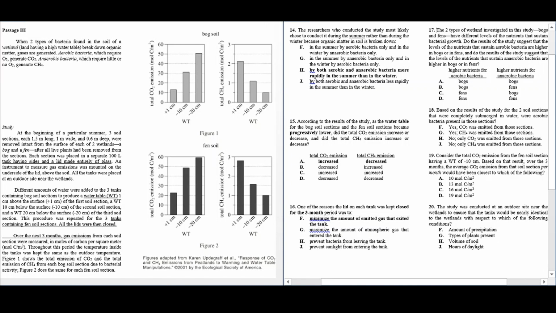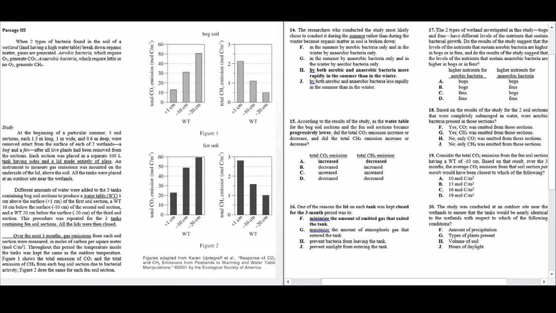The two types of wetland investigated in this study, bogs and fens, have different levels of nutrients that sustain bacterial growth. Do the results of the study suggest that the levels of the nutrients that sustain aerobic bacteria are higher in bogs or in fens? And do the results of the study suggest that the levels of nutrients that sustain anaerobic bacteria are higher in bogs or in fens? So this is another graph reading question.